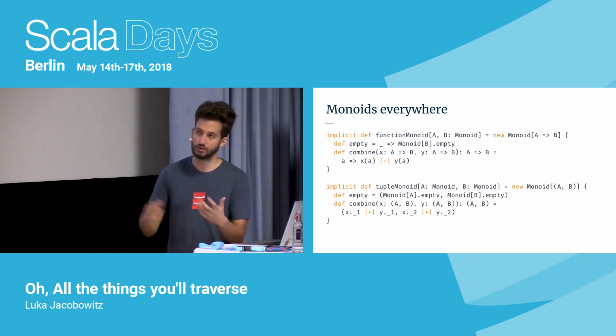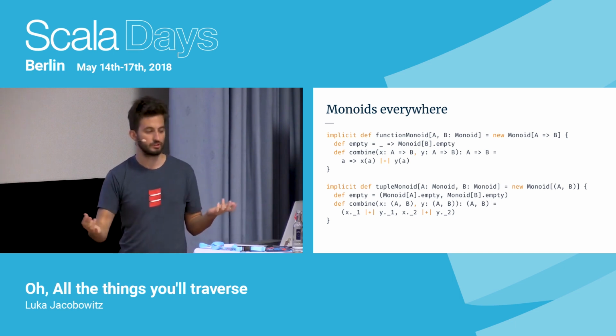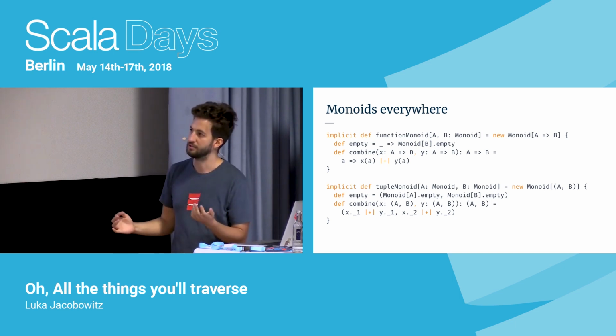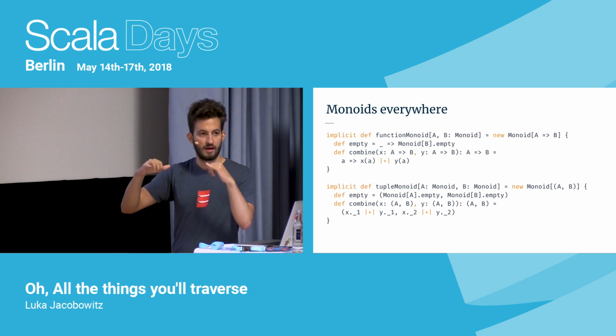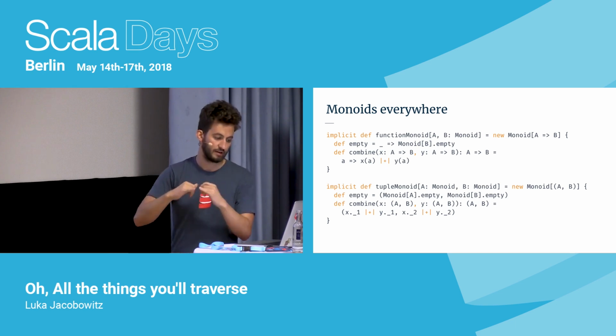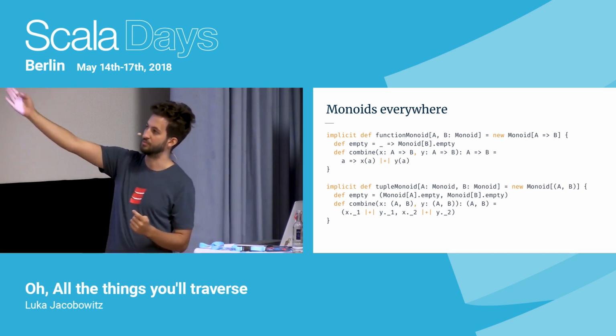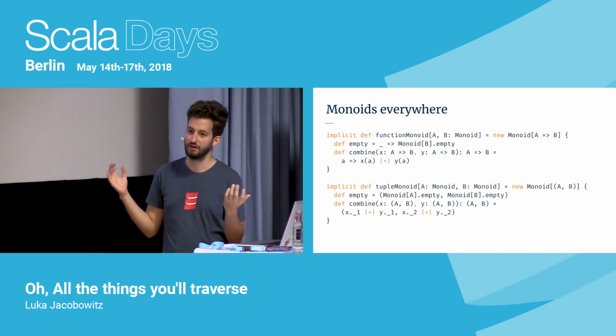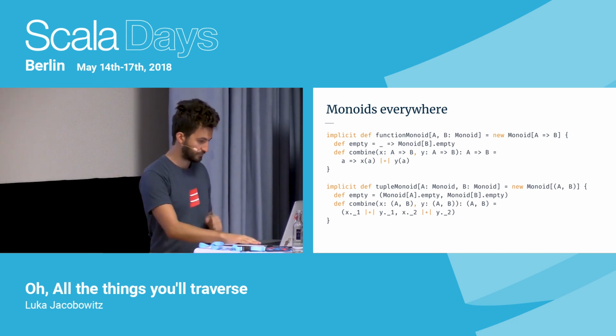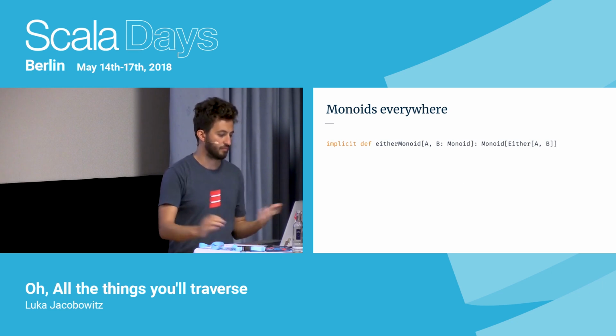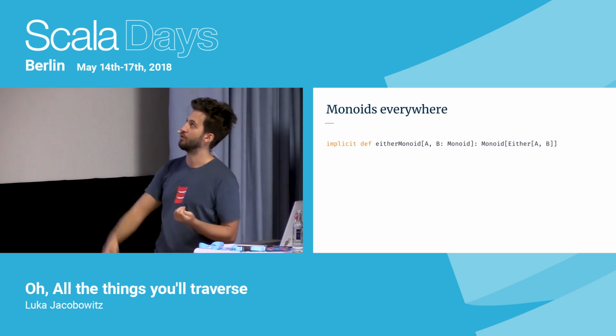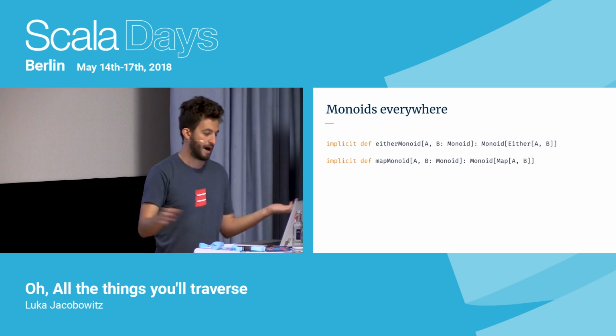And we can also do this for tuples, right? If we have tuples of a and b, it's pretty easy to imagine how we can combine two tuples when both of their components can be combined. And of course we can also create the empty, because we have empty values for both. And what else is a monoid? We have the either monoid, and we have the map monoid, right?